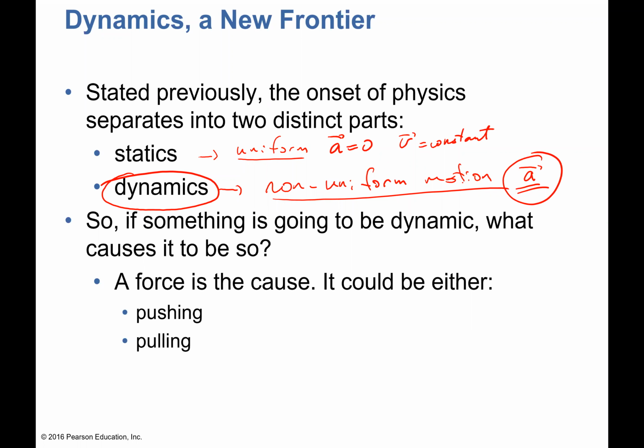What makes the object change velocity? Because remember, acceleration is, one way or another, changing velocity, either by changing speed or changing direction. Dynamics explains not only how, but why the object is doing what it is, in terms of this concept of forces.